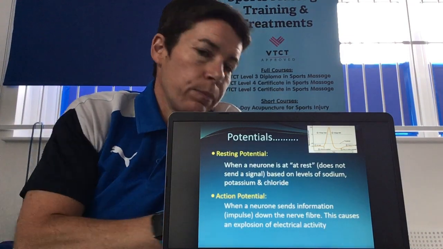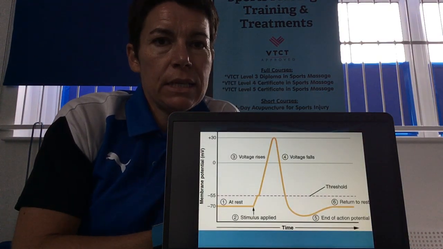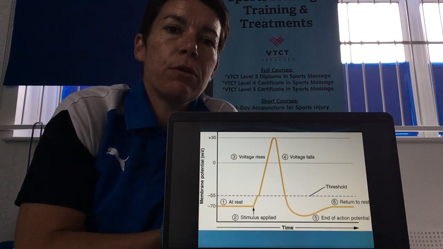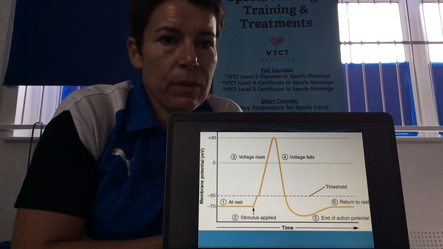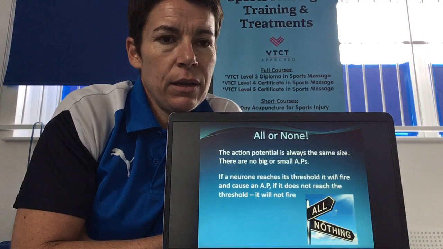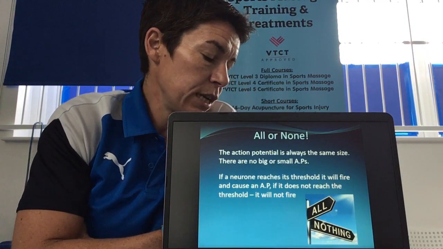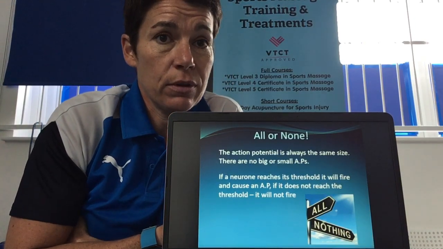An action potential. Where there's enough impulse, there will be an explosion of activity which will cause the neurotransmitters to pass across the membrane. So all or none, all or nothing principle. The action potential is always the same size. There is no big or small action potential.